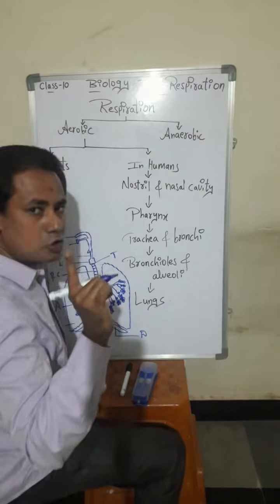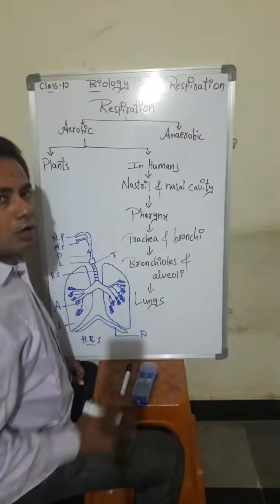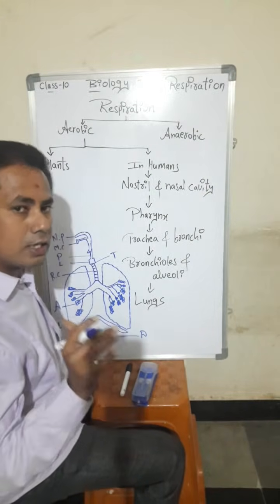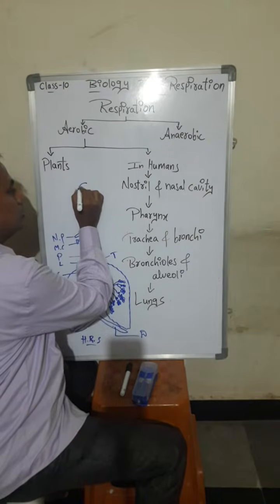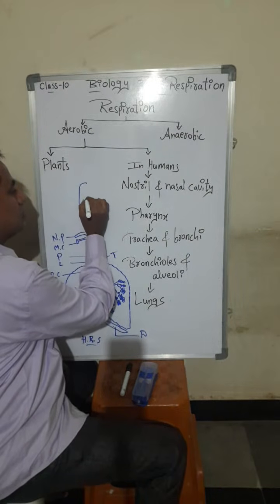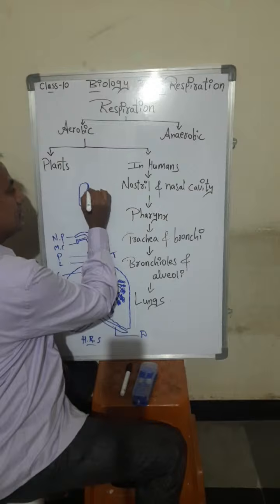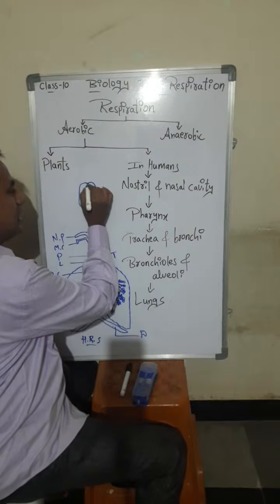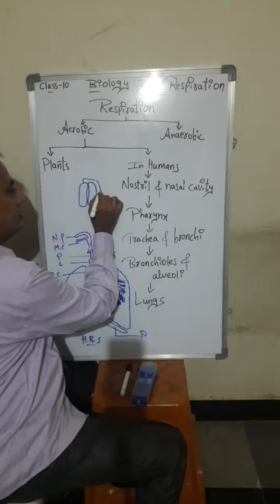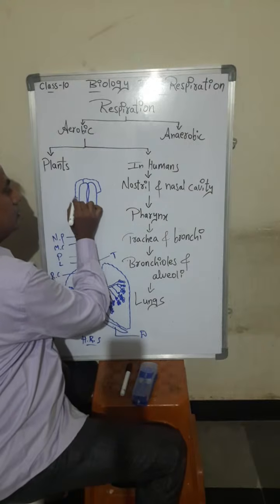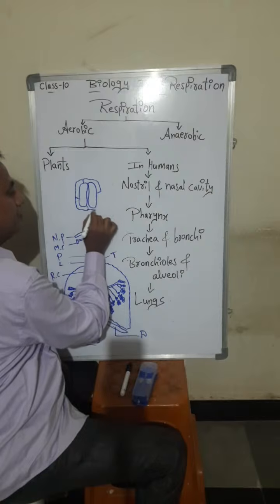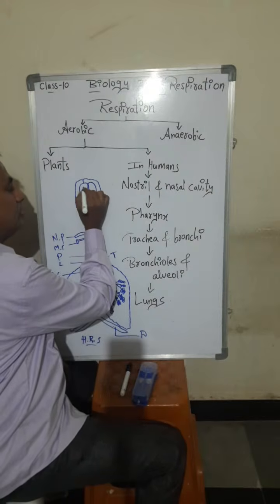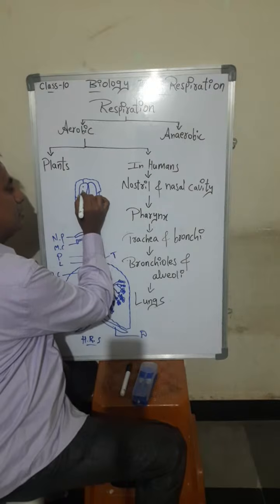So one stoma I want to draw here. So many will be there. That is stomata, singular stoma. So these are guard cells, students. Guard cells. These are guard cells, okay. Leaf, like this, so many stomata will be there.